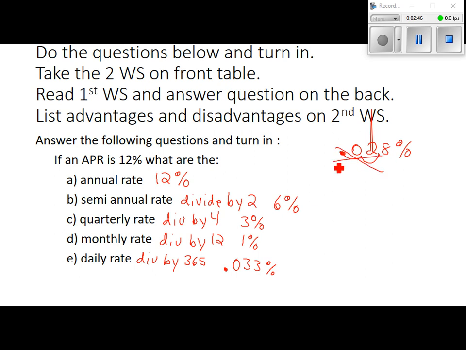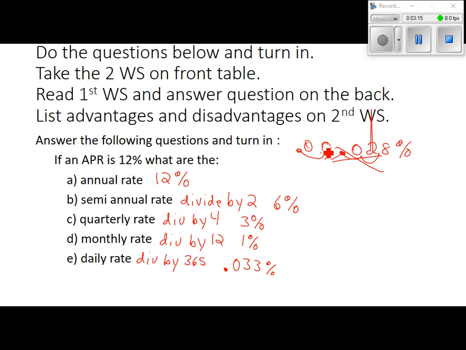It's already a percentage. If you want to change it to a regular number to do any kind of math with it, or put it in the calculator, you need to move the decimal over 2 places to the left.